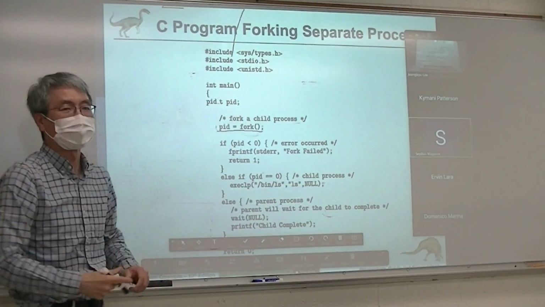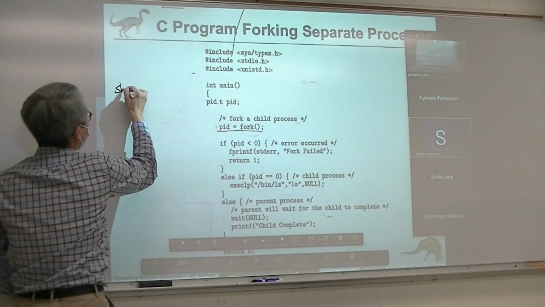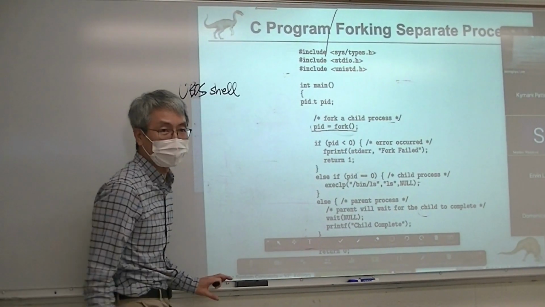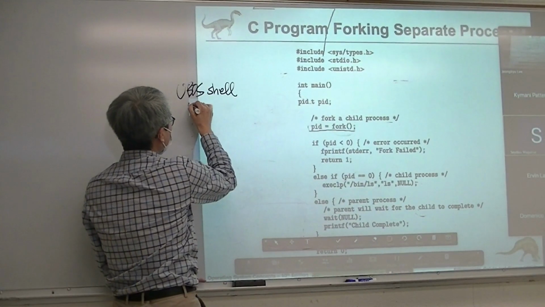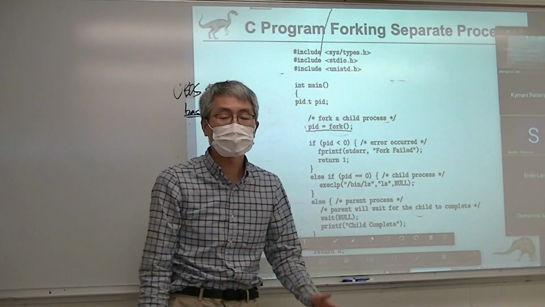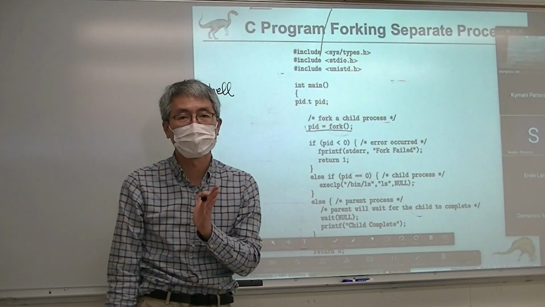So, it's time to talk about project one. In project one, you are going to create a shell program, a UBOS shell program, whatever name you decide. It's not like the bash shell or any other shell. So, what is a shell? It's a command line interpreter. Mostly what?